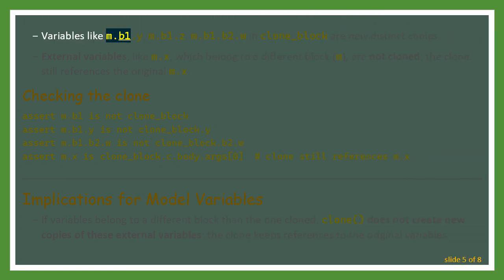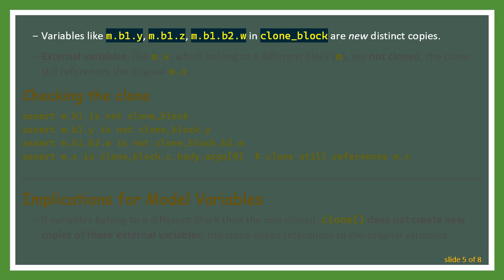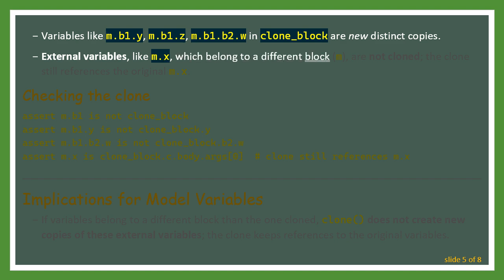Variables like M.B1.y, M.B1.z, M.B1.B2.w in clone_block are new, distinct copies. External variables, like M.x, which belong to a different block, M, are not cloned. The clone still references the original M.x.